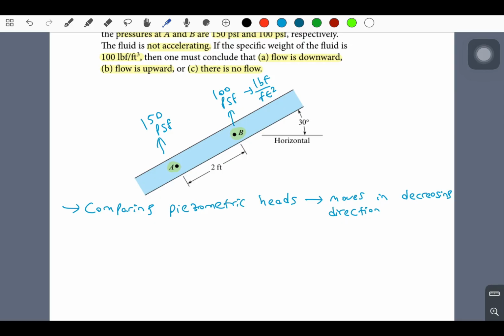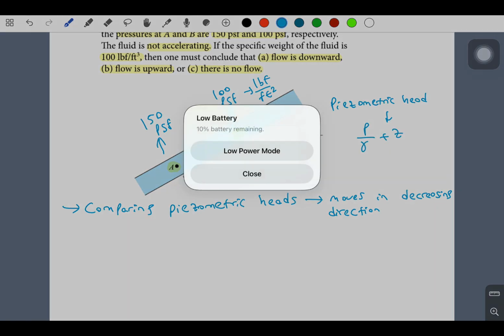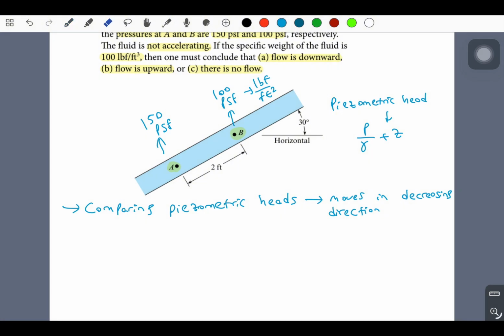This means we have a total, let me write it. Since the flow will be moving from higher head to lower head, we are comparing piezometric head.